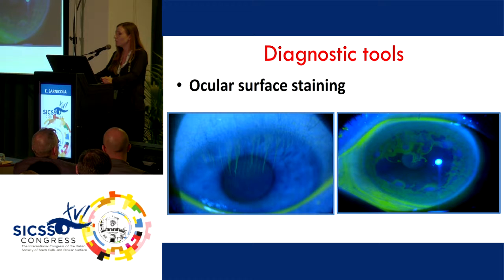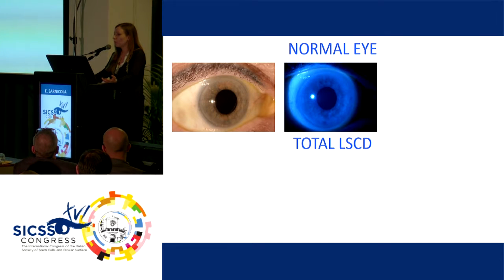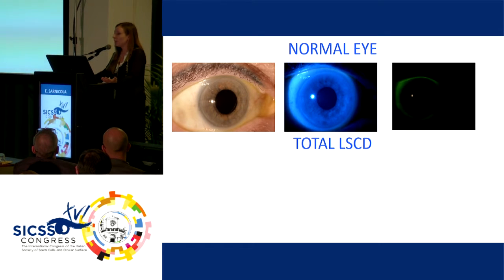Whereas when the signs are more evident here, for instance, the deficiency is present at 360 degrees, the situation is no more reversible, and so the ocular surface has to be reconstructed surgically. So when we see an eye, we want to stain it, and we expect to see something of this kind. So this is fluorescein and blue light staining.